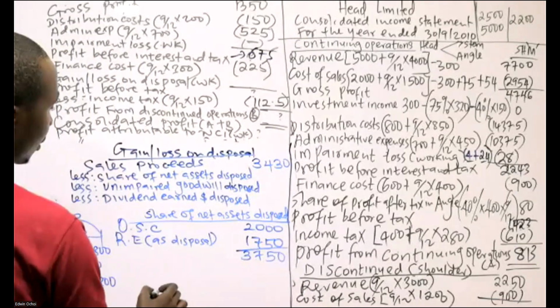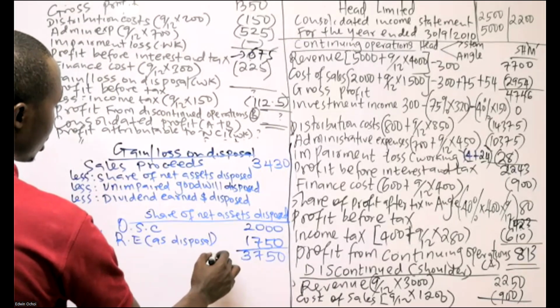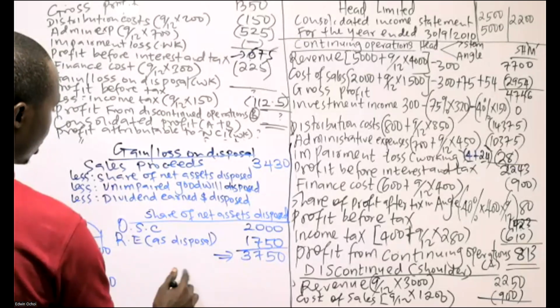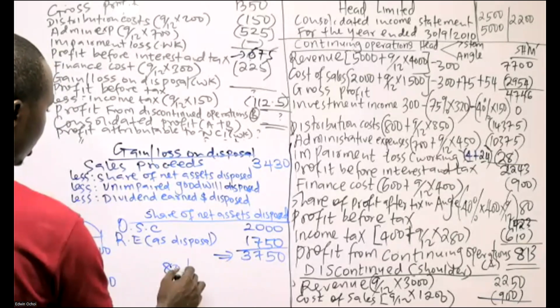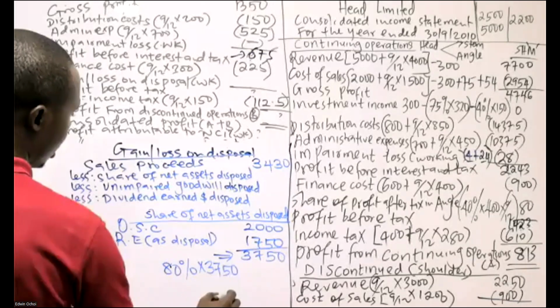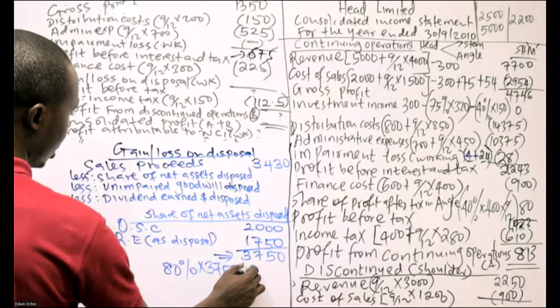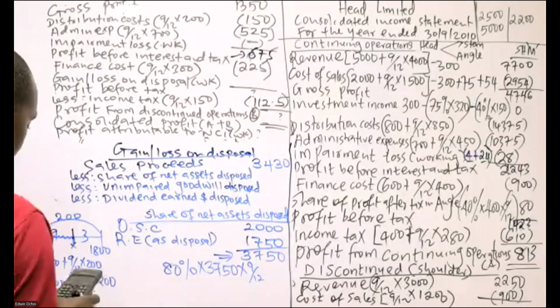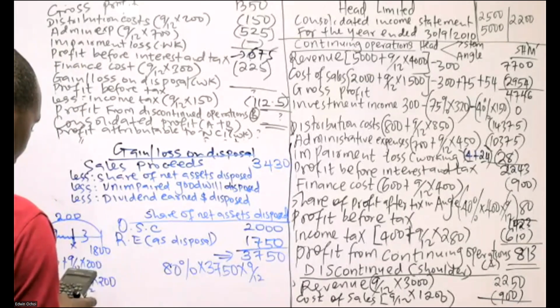So the parent was controlling 80% of 3750. For how many months? For 9. So 0.8 times 3750 times 9/12.